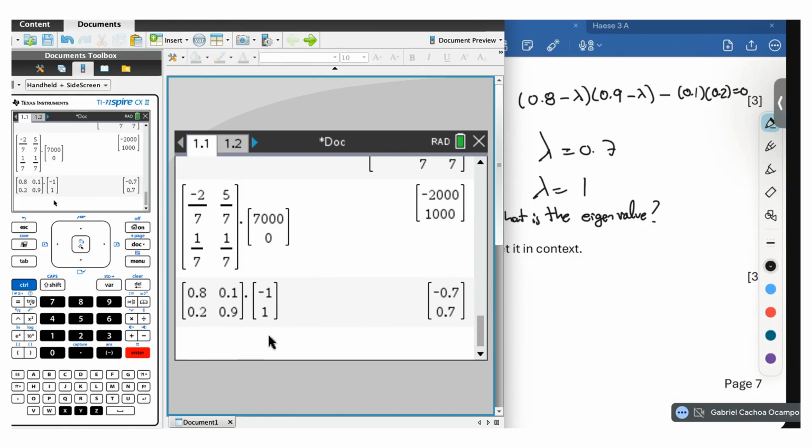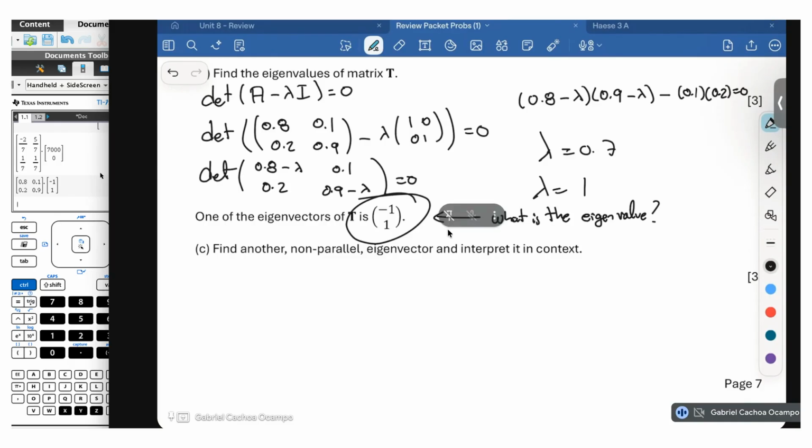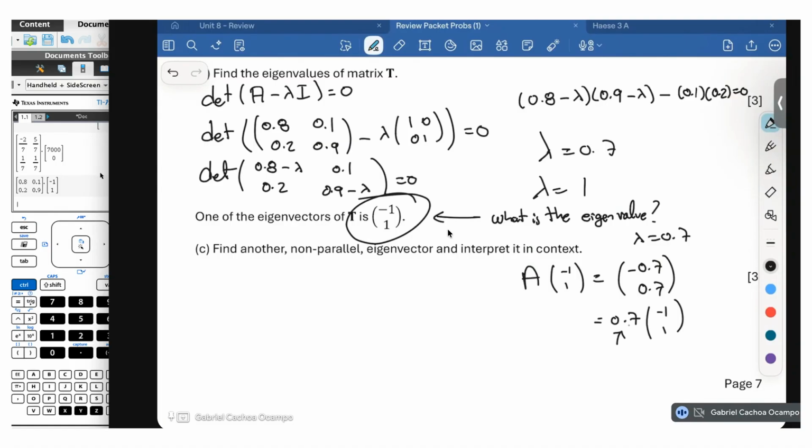Observe that this vector is in the same direction as the result, but with a different scale. What I can conclude from this calculation is that the eigenvalue associated to this eigenvector is 0.7, because when I do A times negative 1, 1, I get negative 0.7, 0.7, which is the same as 0.7 times negative 1, 1. So the eigenvalue is 0.7.